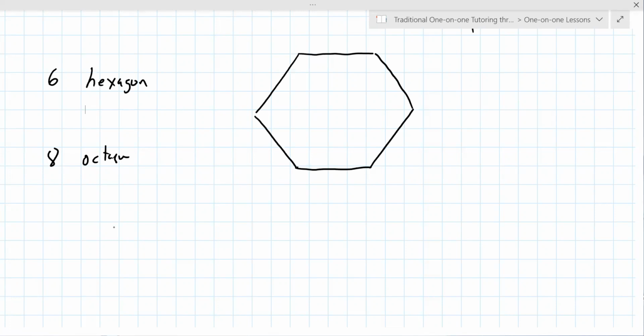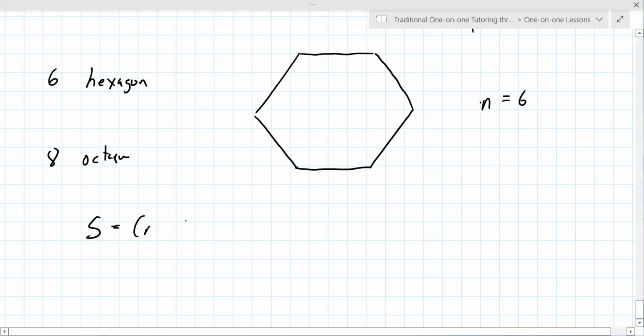So the sum of the interior angles is n minus 2 times 180. That's 6 minus 2 times 180, I'm sorry, times 180, not 1080. I get tired too on the weekends. So that's 720. That means all the angles inside here add up to 720.